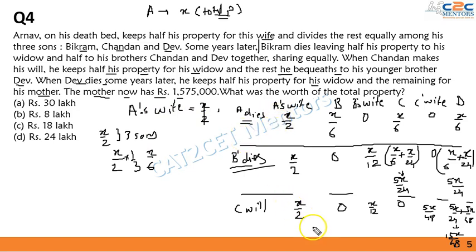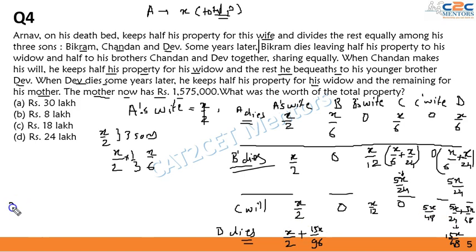Alright. Now when D dies, we are given that he gives half of the property, half of this 15x by 96, to A's wife, and half of it goes to D's wife.